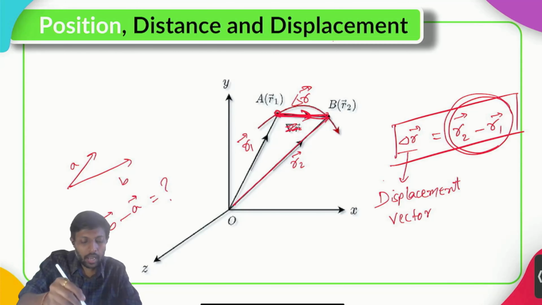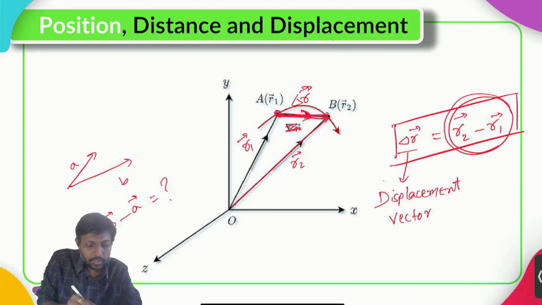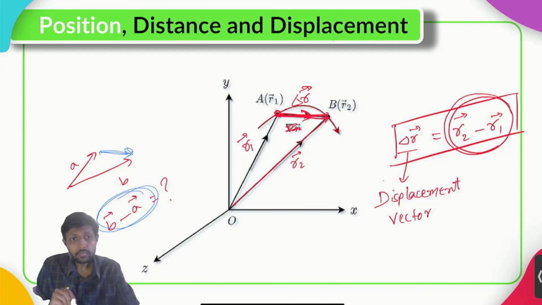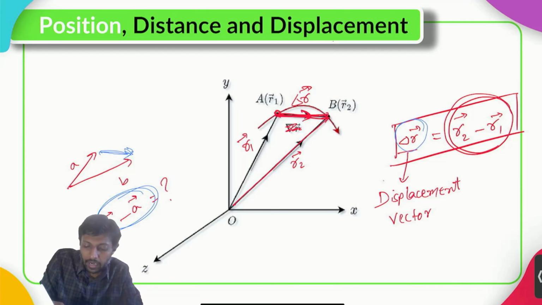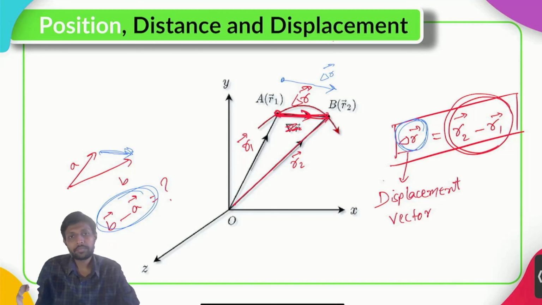You would find that this vector would be represented by this line, this blue line that I'm drawing. Just try this exercise on your own and then you would understand why delta R vector is a vector starting from A and ending at B. Why this is delta R vector.